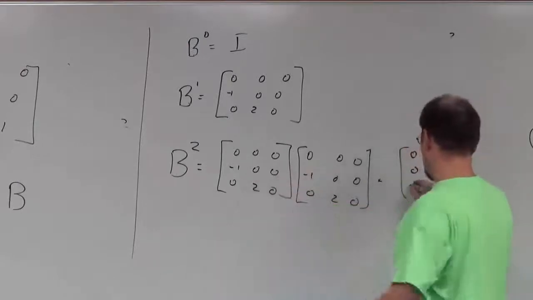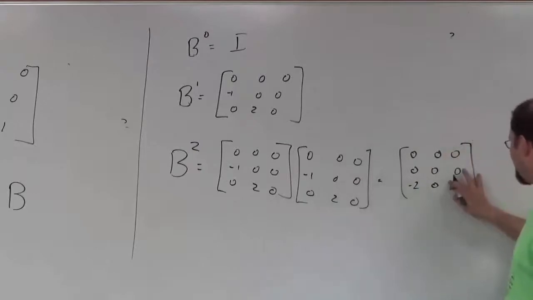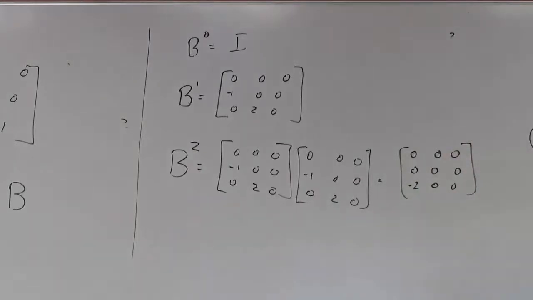And then -2, 0, 0. Okay. So that's not the zero matrix quite yet.